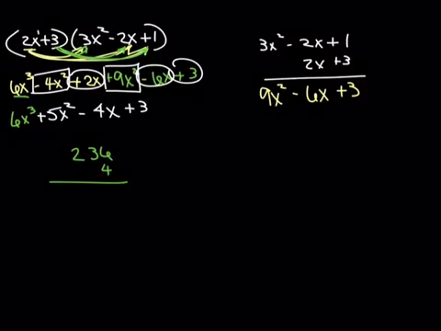Okay, now we're going to multiply 1 times 2x, this times this, and this times this. So 1 times 2x, and what we're going to do is when we get our answer from multiplying those, we're going to put that right here, because notice, these two are like terms. We're stacking like terms. Now this times this should give me a negative 4x squared, which I'm going to put there.